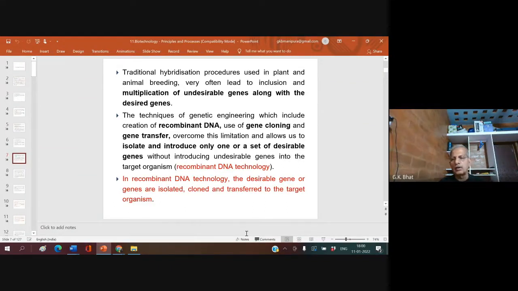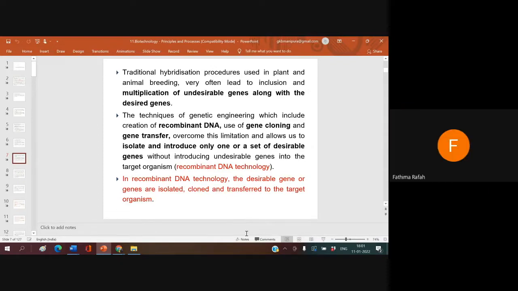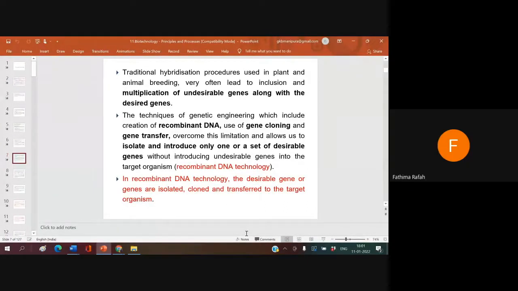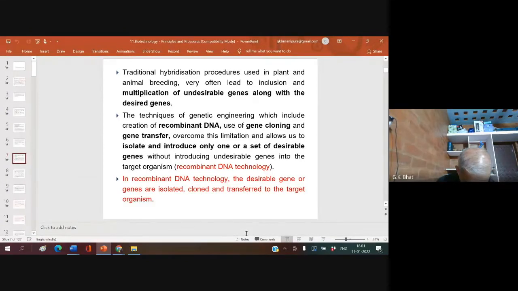Who is the target organism? We are supposed to select that. We will select the one we want to change. That is the target organism, the one in which we are interested to transfer the desirable gene.